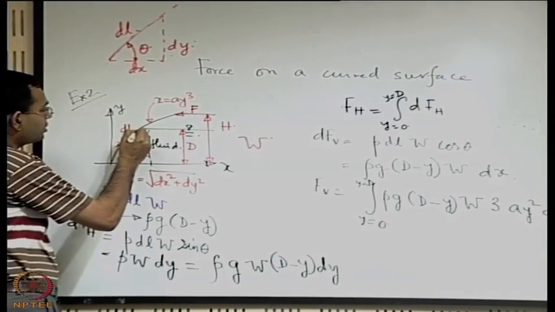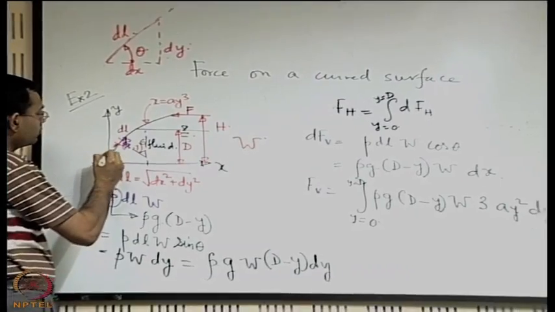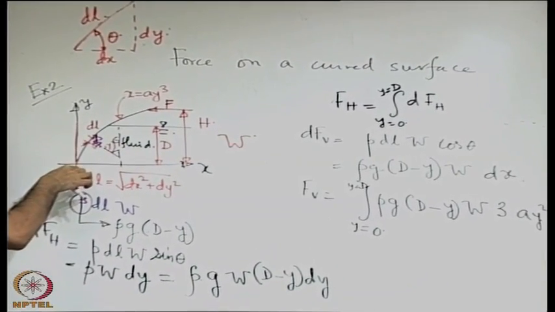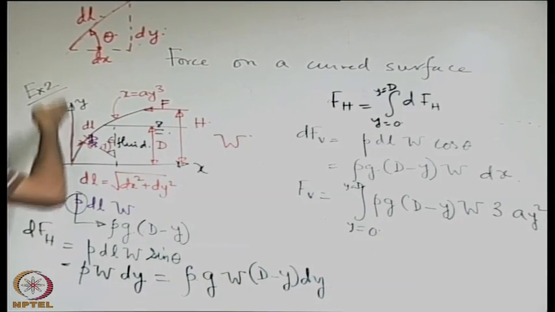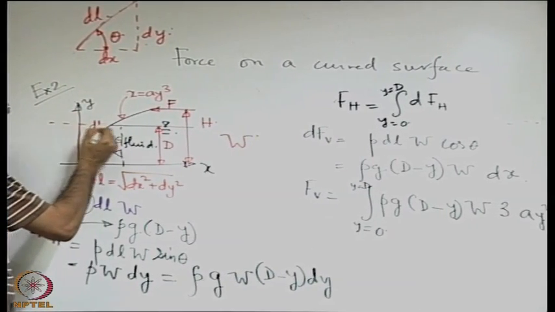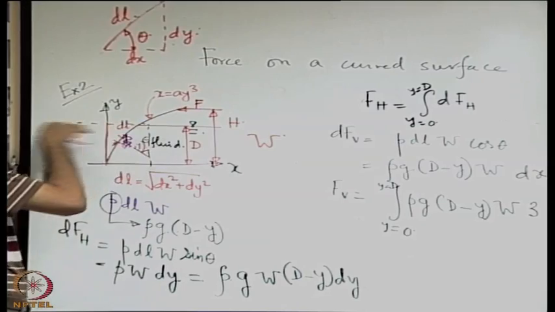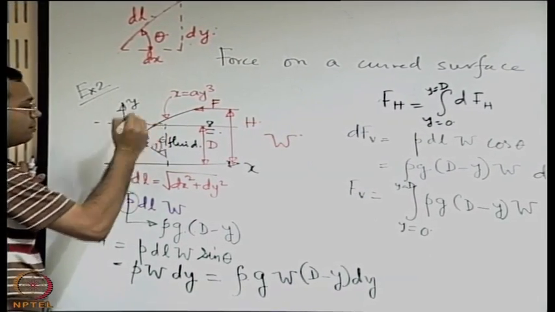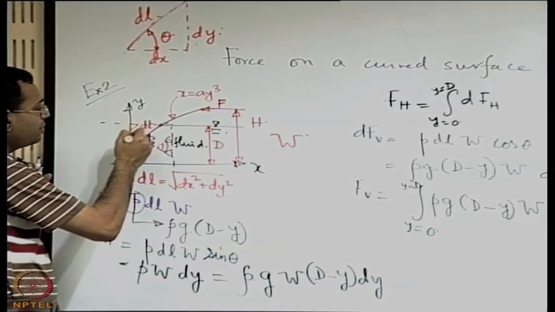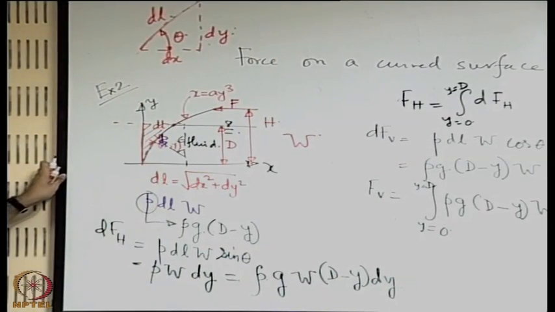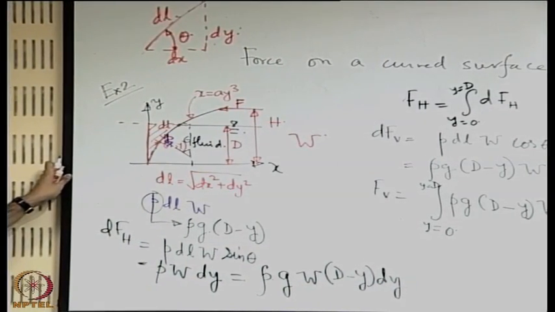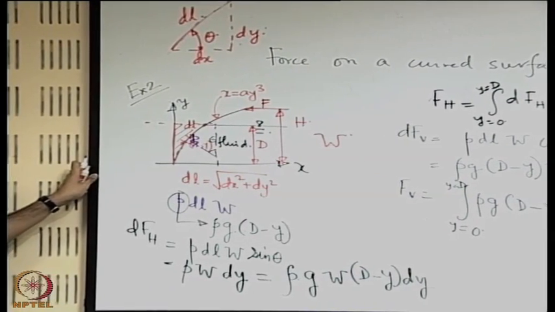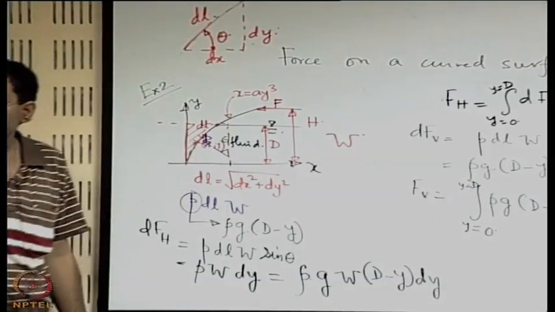So what was our method? You project from the corners vertical lines which meet the free surface or its extended form. So one line projected here, another becomes a point, and it should be the shaded volume of fluid. If I were in your place, the first question that would have come to my mind is there is no fluid here.